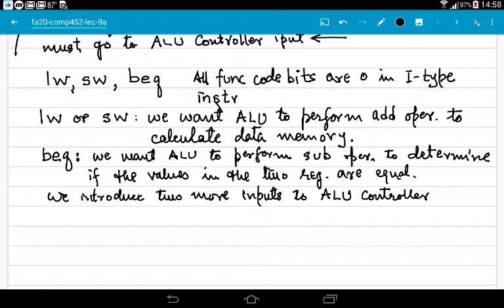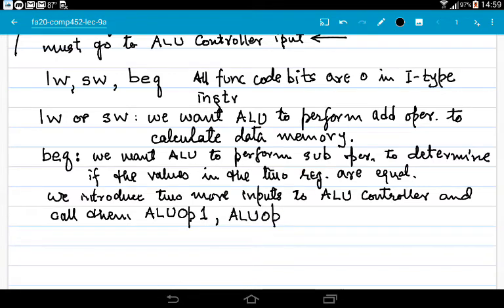The ALU has only 4 inputs. But for the ALU controller, we introduce two more inputs and call them ALU op1 and ALU op0.